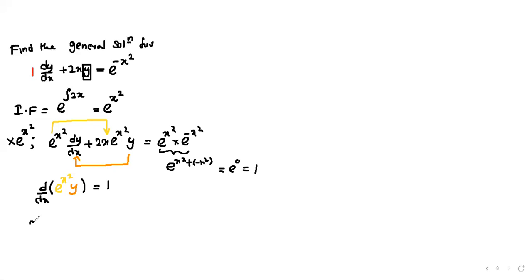So now you can integrate both sides. Okay, right. Then this whole thing cancels each other, turning up to e to the power x squared y.